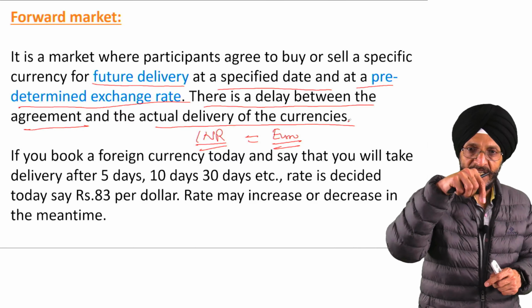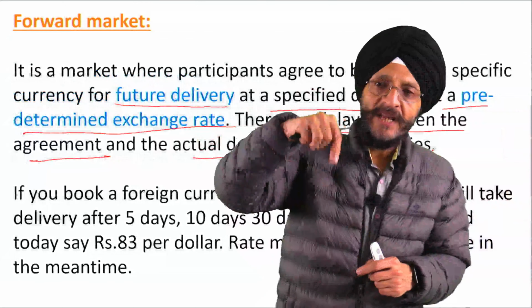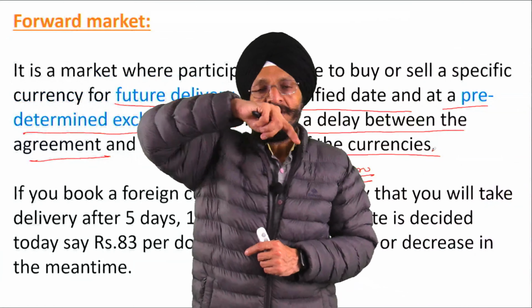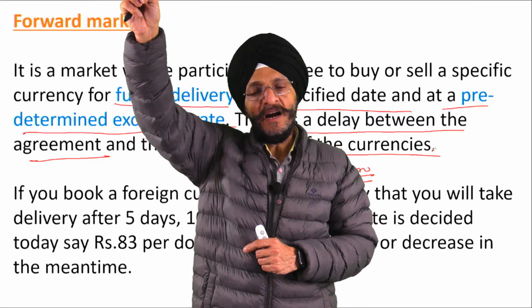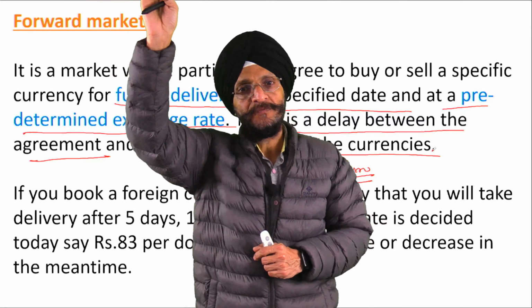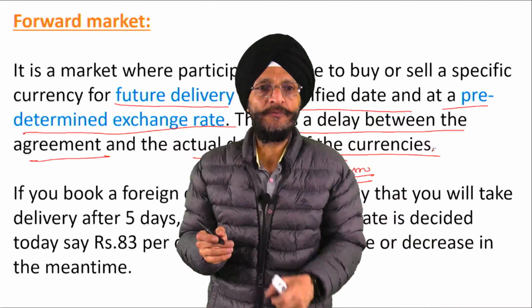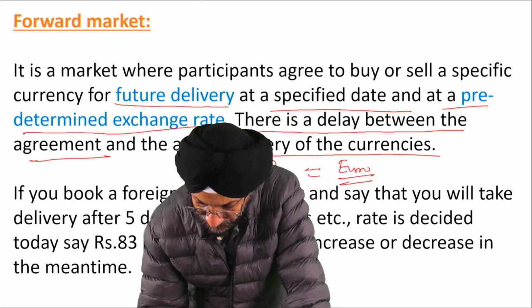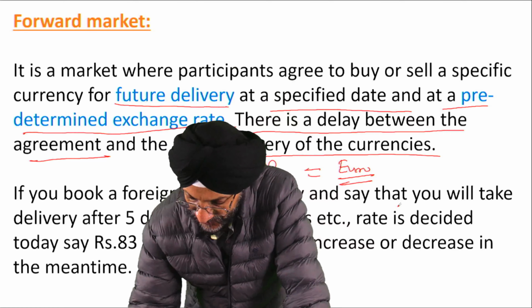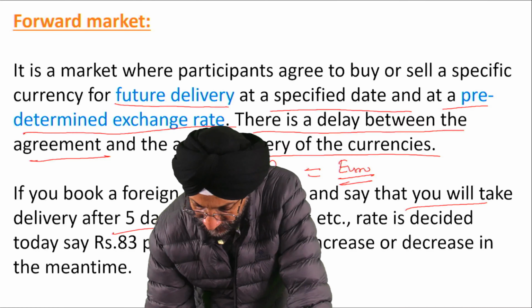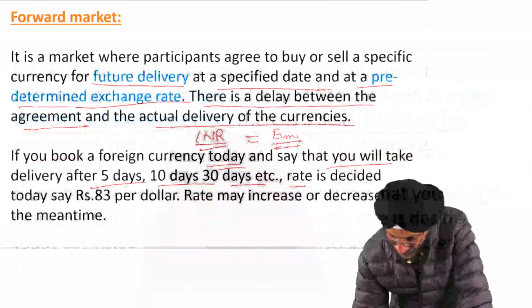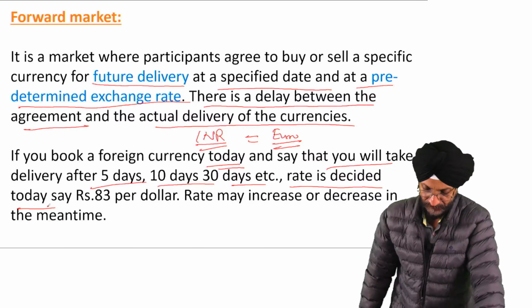The agreement takes place today, and the delivery will take place after a certain time in future, which we have agreed to. If you book a foreign currency today and say that you will take delivery after 5 days, 10 days or 30 days, the rate is decided today.